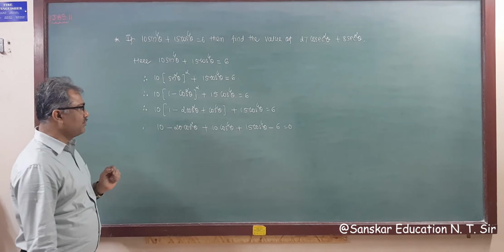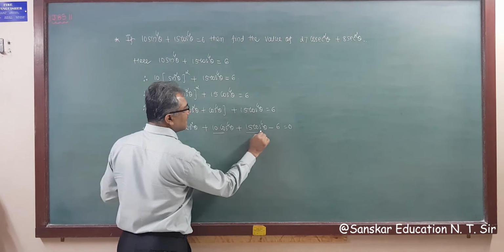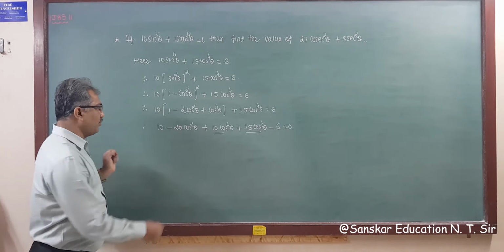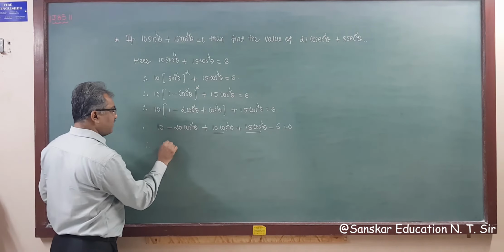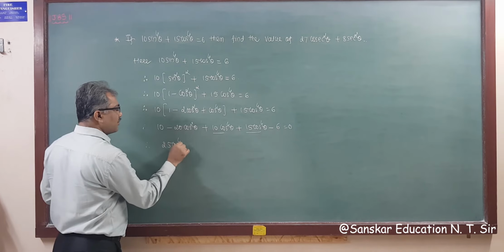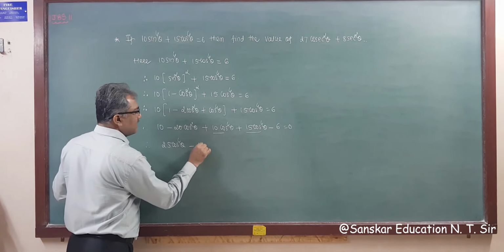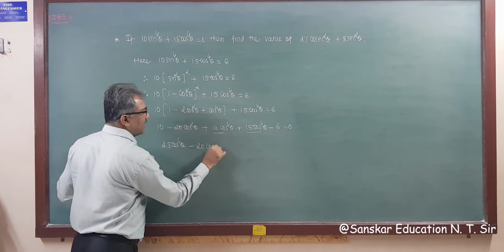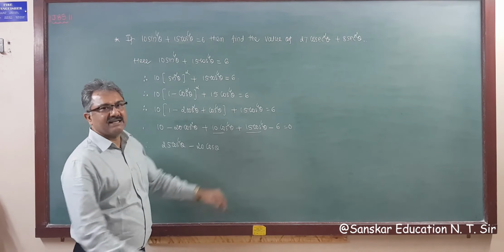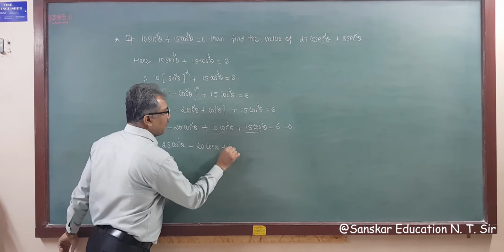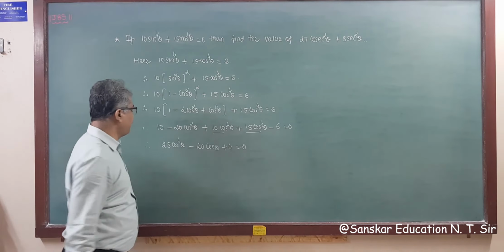So 10 plus 15 is 25 cos raised to 4 theta, minus 20 cos square theta, and 10 minus 6 is 4, so plus 4 is equal to 0.